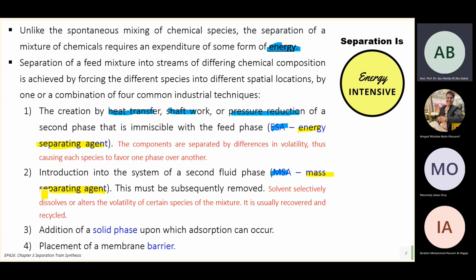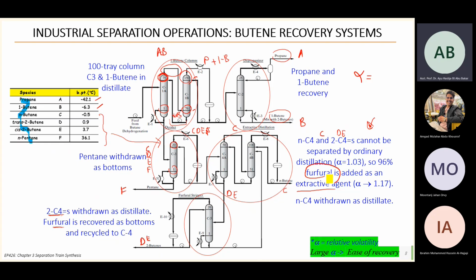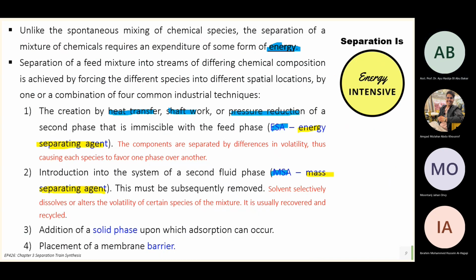Okay, the furfural in this slide is added as the mass separating agent in order to separate the C4 and the butenes. Or you can also add a solid phase where adsorption can occur.